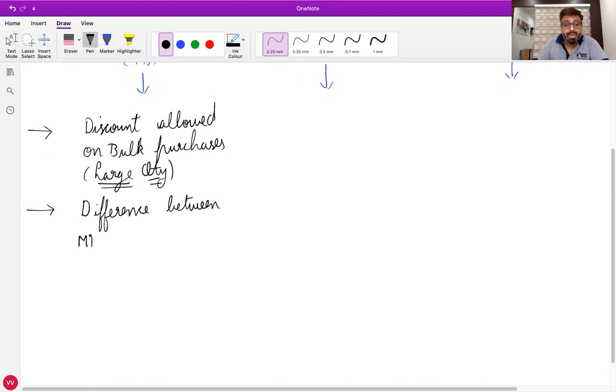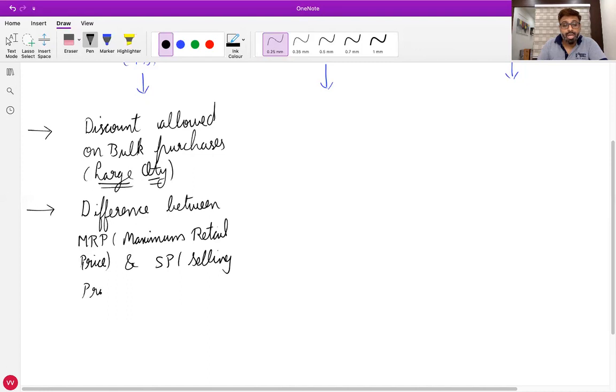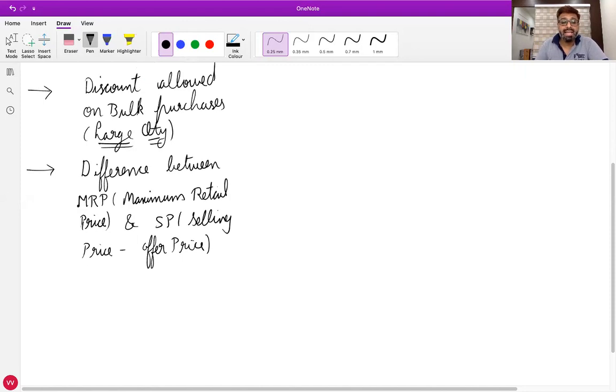What is MRP? Maximum retail price. Very good. Maximum means you cannot charge more than that, but you can always charge less than that. So it is the difference between MRP and SP. What is SP? Selling price, or you can say, as we read just now, offer price. So whatever is the difference between MRP and selling price, that difference would be considered as trade discount.